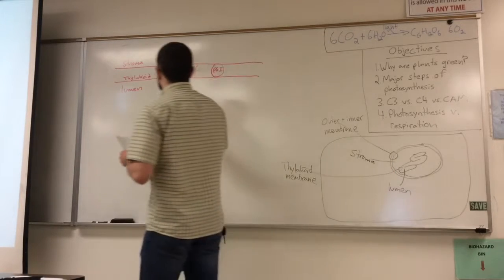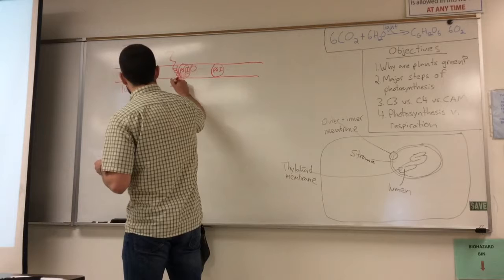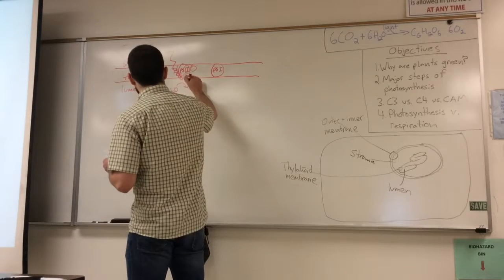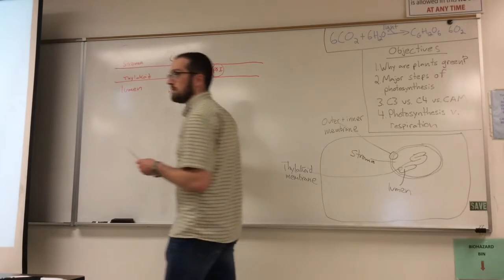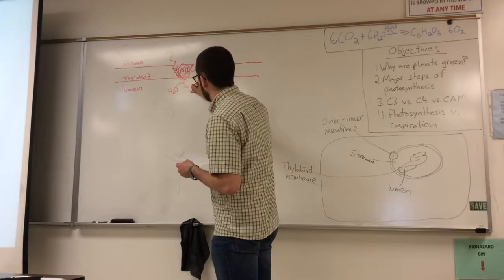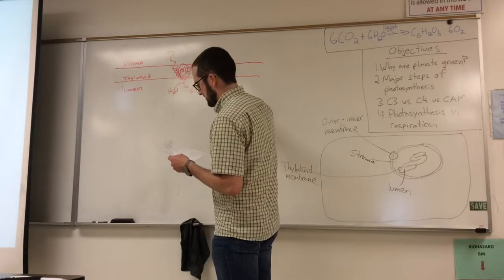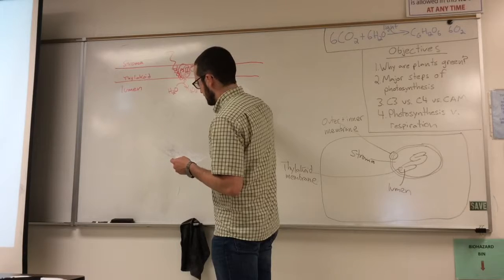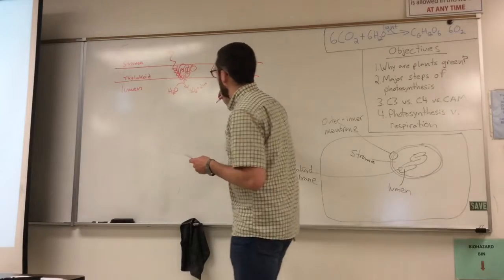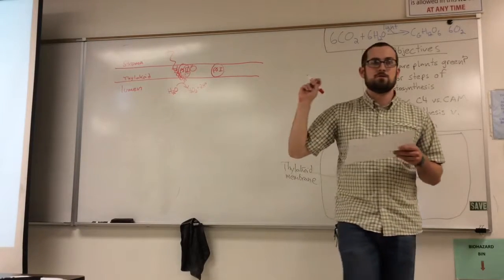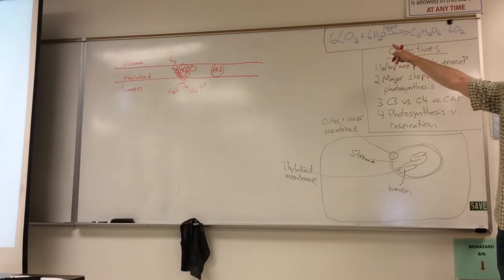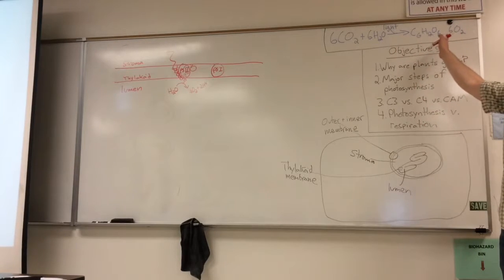And so we're going to do that by splitting water and removing an electron from water, and that's going to give us, we'll say, half of an oxygen and 2 protons. So this is where we're going to be using water, which we have in our overall equation, and this is also how we're going to be producing our oxygen.